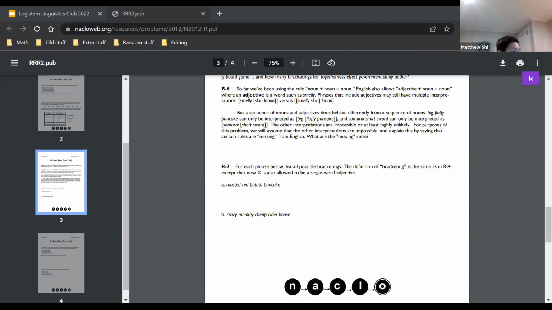So those are the three configurations for roasted red potato pancake.